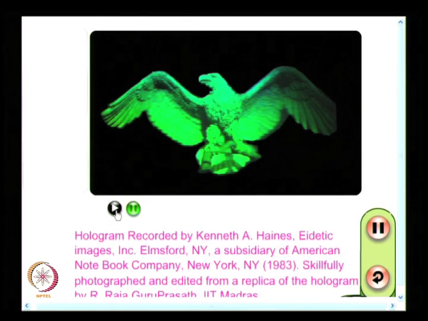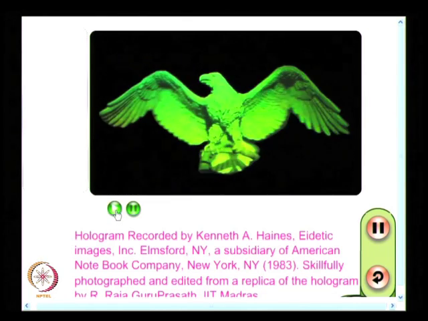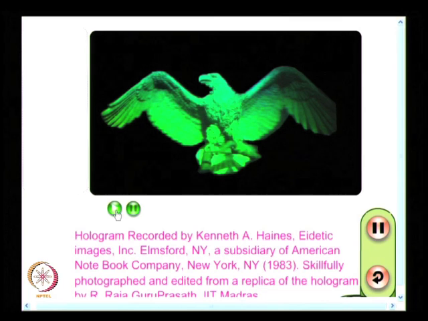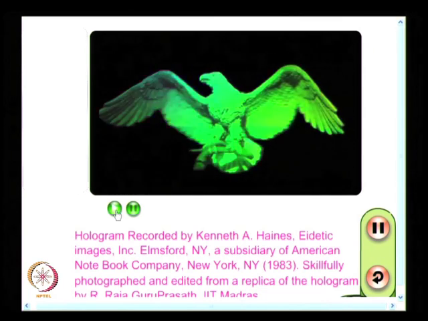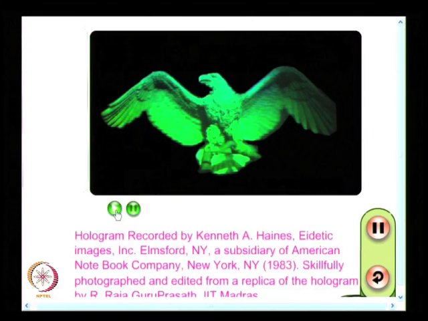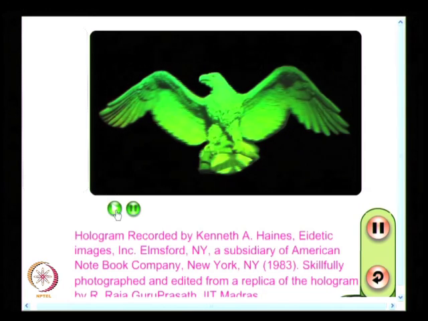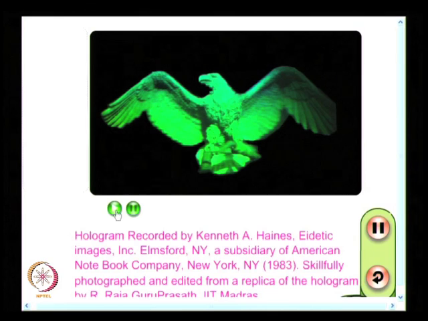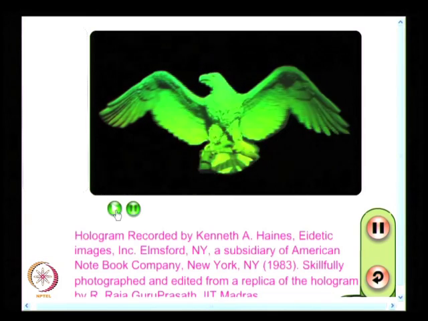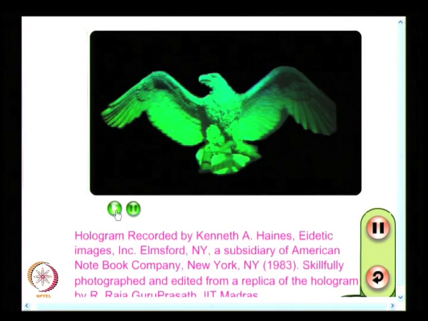And what you have here is, if I move my head horizontally, I will repeat it again, you could see beautifully the 3-dimensional depth of the eagle. Could you see that? I will repeat it again. You are able to see this, and this hologram was recorded by Haynes of ID Tech Images.